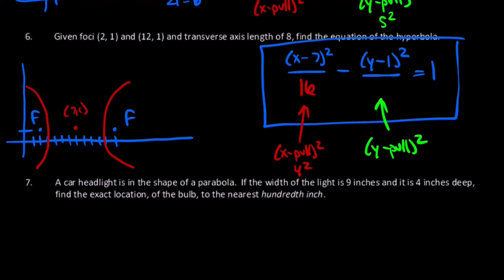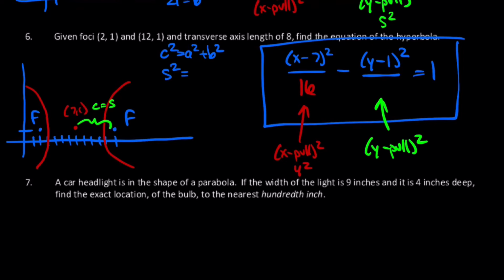Okay, well, how do I get the y-pole? Well, like we did up above, we need to use a c-squared formula. C squared equals a squared plus b squared for a hyperbola. And what do we know about c? The distance from here to here is 5. So this will give me 5 squared equals, and now again, we need to know our a and the b.